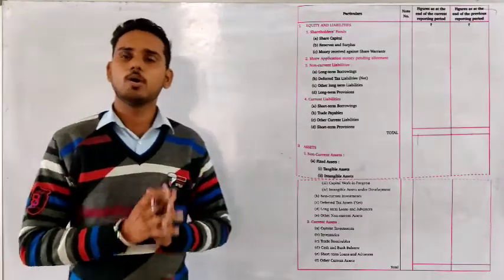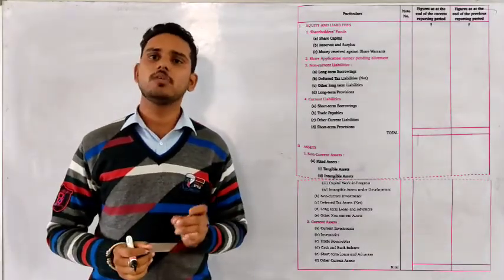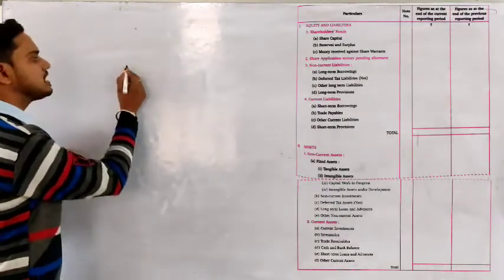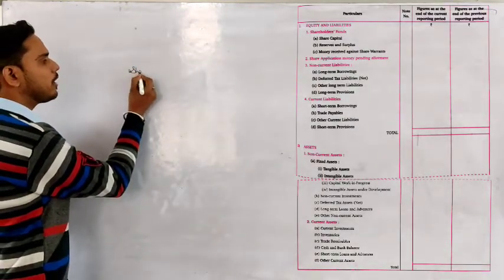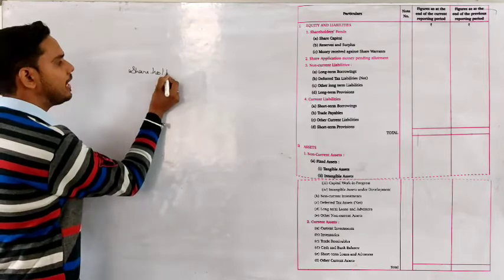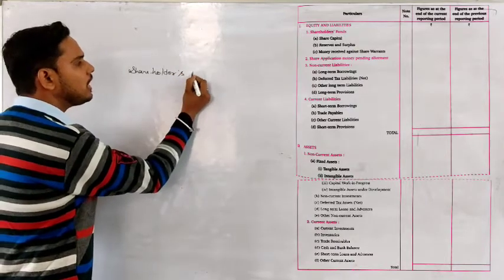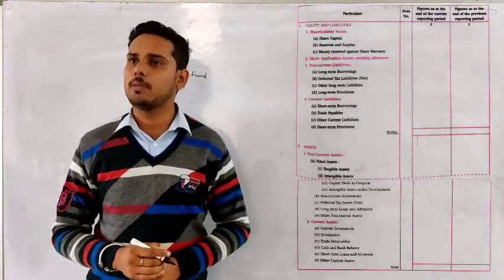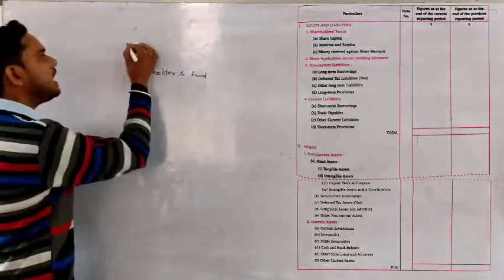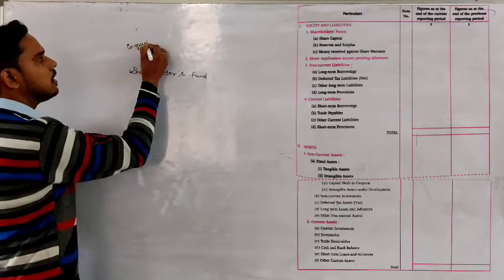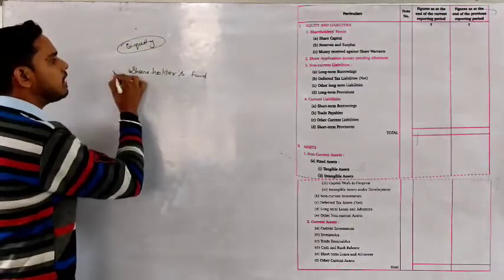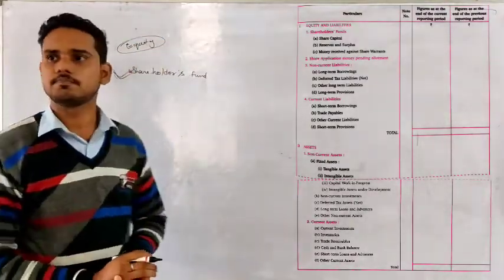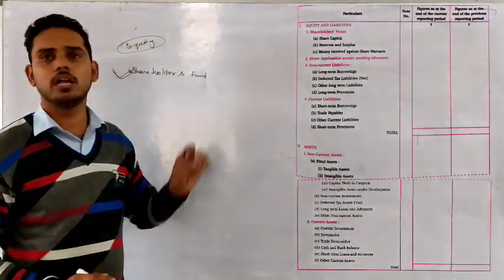So firstly, let's talk about the equity and liability side. So on the equity and liability side, there are four major heads. First major head is known as shareholders fund. Now we have written the main head name as equity and liability, right? So the word equity refers to this major head, that is shareholder fund.